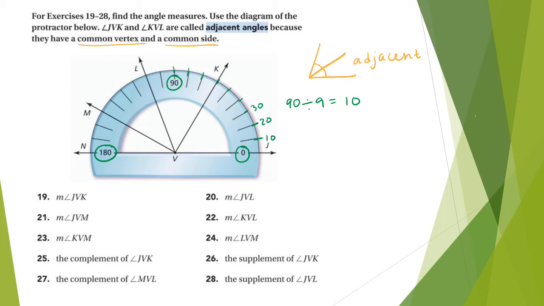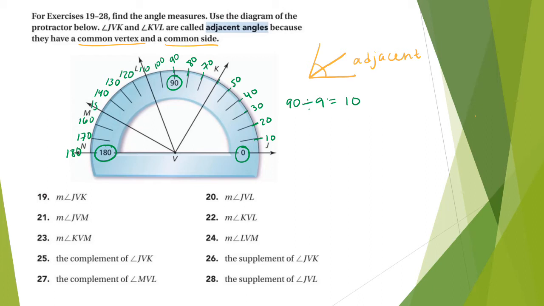So 10, 20, 30, 40, 50, 60, 70, 80, 90, right, which lines up with what I was expecting. 100, 110, 120, 130, 140, 150, 160, 170, 180, which again matches up with what I was hoping for. So now this can help me think about what's reasonable as I'm working through this problem.